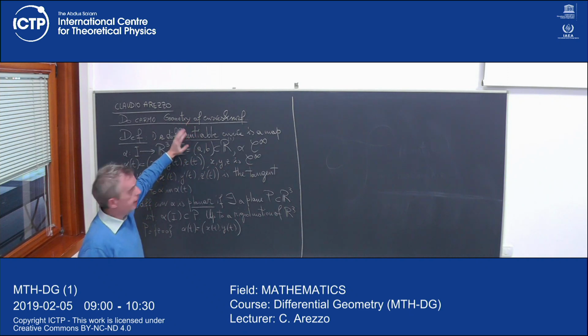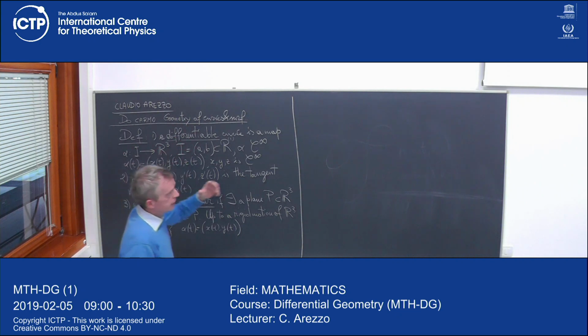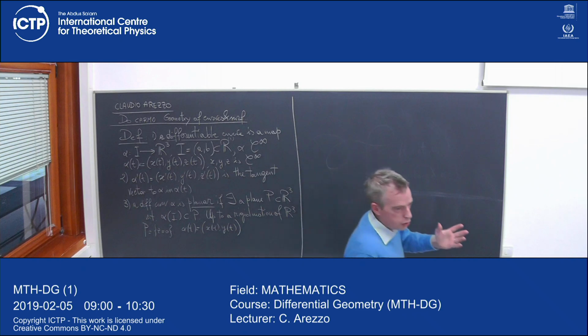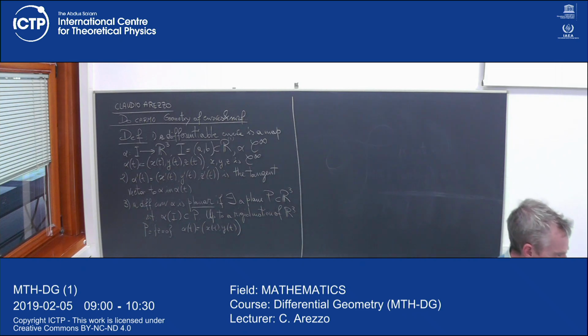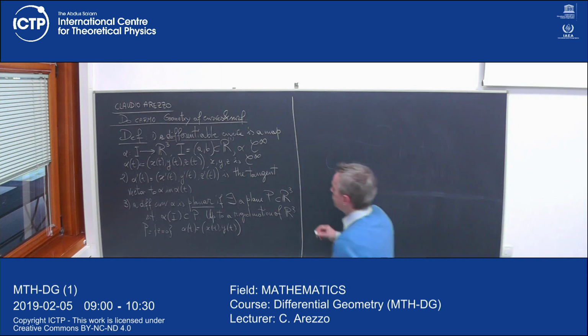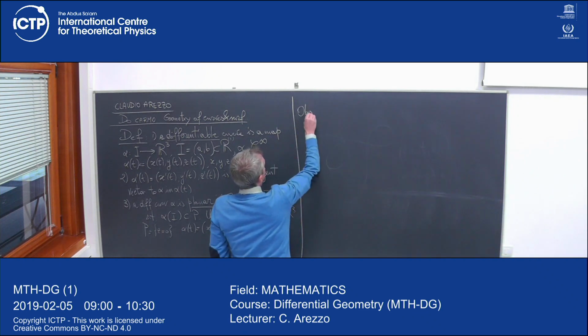A smooth curve is somehow a differentiable map. On the other hand, I have some kind of intuition of what should be a smooth space: no corners, whatever that means. So let's check: is this definition compatible with these two ideas? Well, observations.